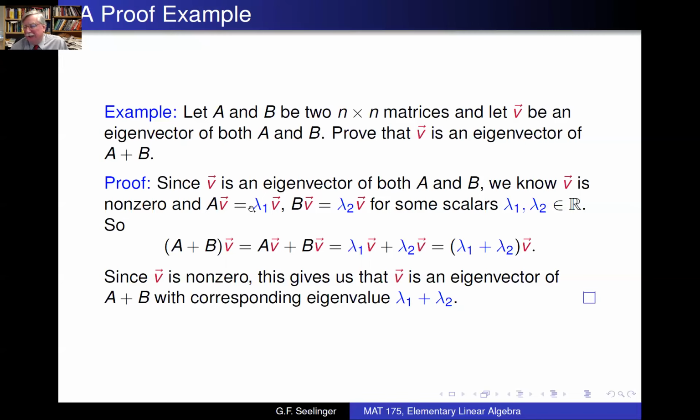If this is a zero vector, that's always going to hold. And so, because we're looking for a basis or coordinate system, we're really interested in non-zero vectors when we do this. So in the proof, notice that we say V is non-zero. It's an important part of the definition.